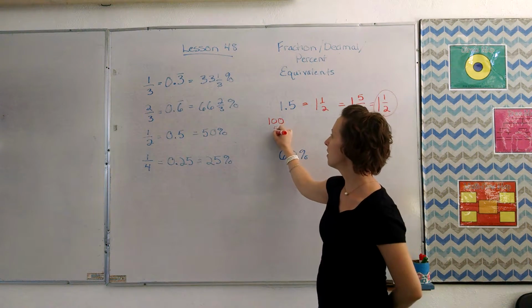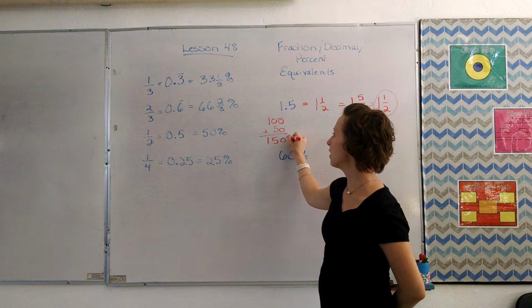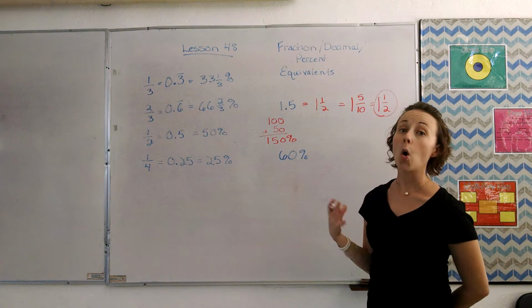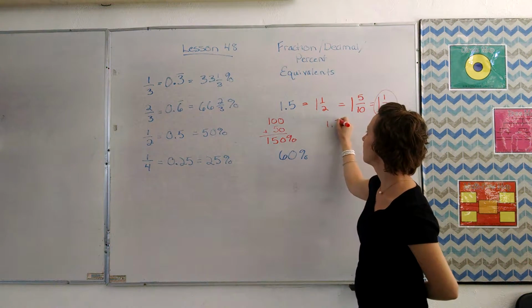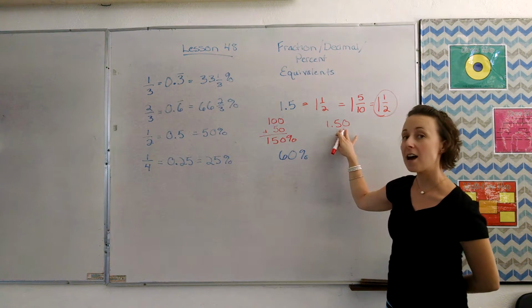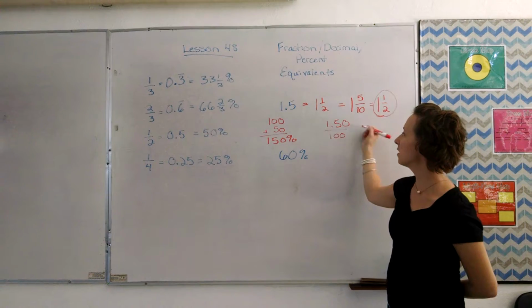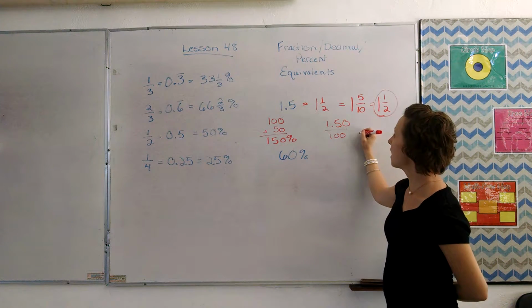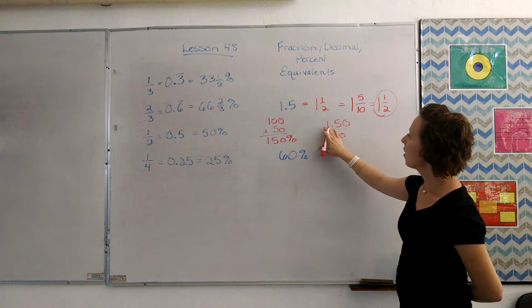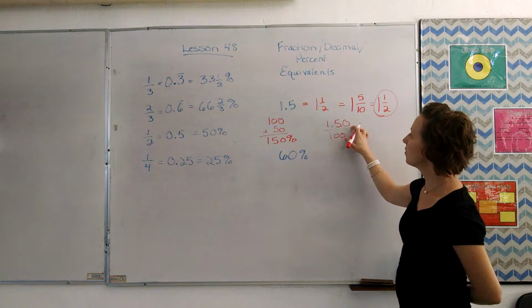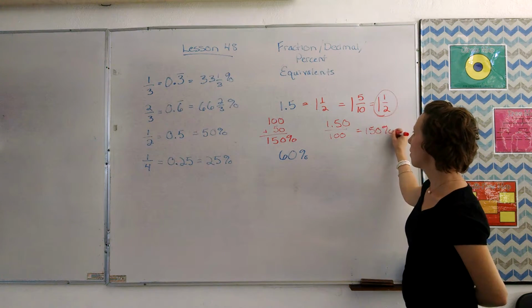So 100, and the 0.5 is 50, making it 150%. Or I can carry it out to 2 place values, to my hundredths, and then I can write it over 100 to see what I get as a percent. This means percent. When I look at it, I have 150 hundredths, which is 150%.